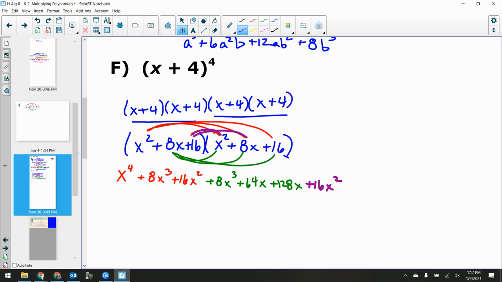Oh, 16 times 8 again, that's 128. 256. This is 64x squared in green. Yeah, I always drop powers like that. I'm bad at that. That's where I am careless. Whenever I multiply with x's, I drop powers all the time. If I'm checking my own work, that's where I check first, because I'm bad.